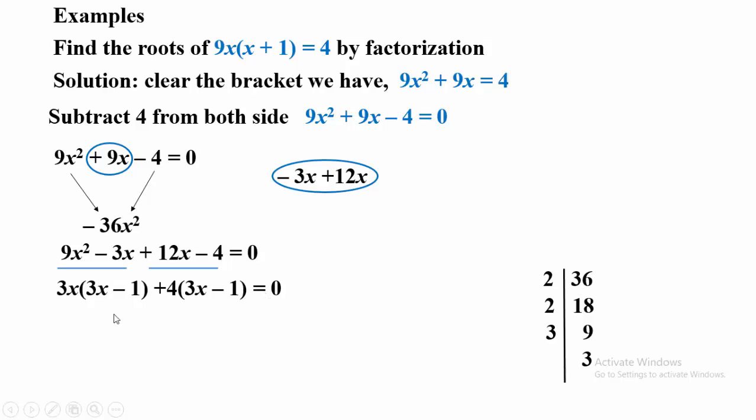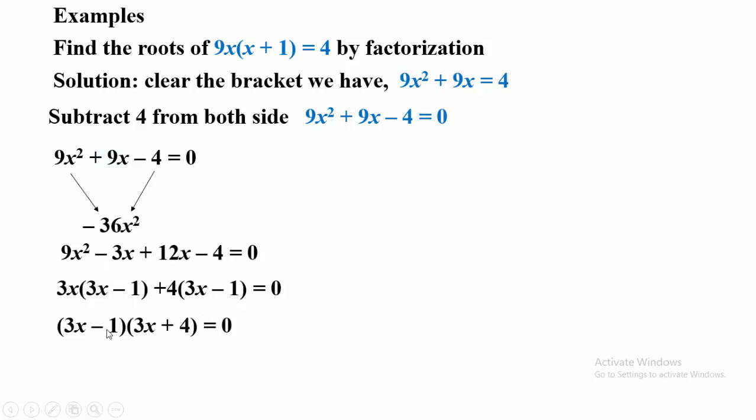We have 3x minus 1 here. We are also having 3x minus 1 here, which we can factor out. When you factor it out, we have open bracket 3x minus 1 close bracket, open bracket 3x plus 4, and this 3x plus 4 comes from this 3x and this plus 4, which is equal to 0.